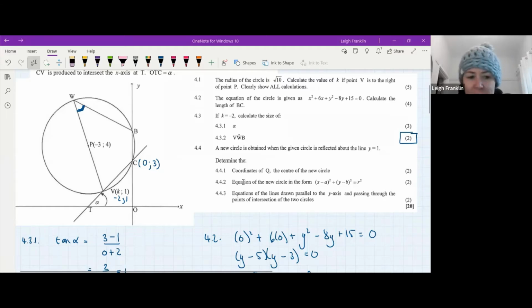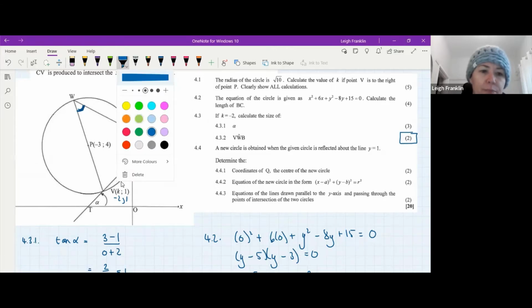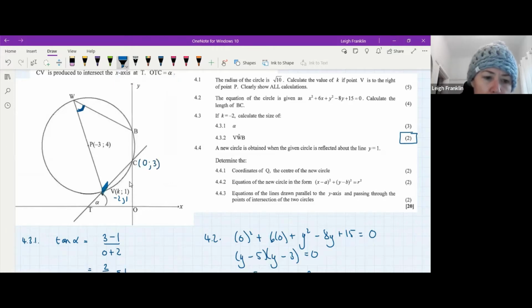Now, when we talk about an exterior angle of the cyclic quad, it has to be an extension of one of the sides. So let me show you here what's happening. Let's just do it in blue, all right? There's one side, there's the other side.